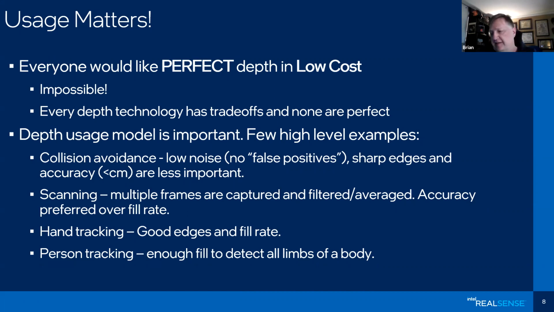Now, if I'm doing collision avoidance, and these are my two objects, I don't care if the object looks like this or if it looks like this. The noise, I don't care how much noise it is. So if my object is here, and I know I'm showing it on a 2D camera, but I'm trying to show you your spacing. If my spacing's this far apart, it's not going to matter all that much, because if I see it 5, 6, 7, 8 meters away, I'm going to start figuring out what I need to do to avoid it.